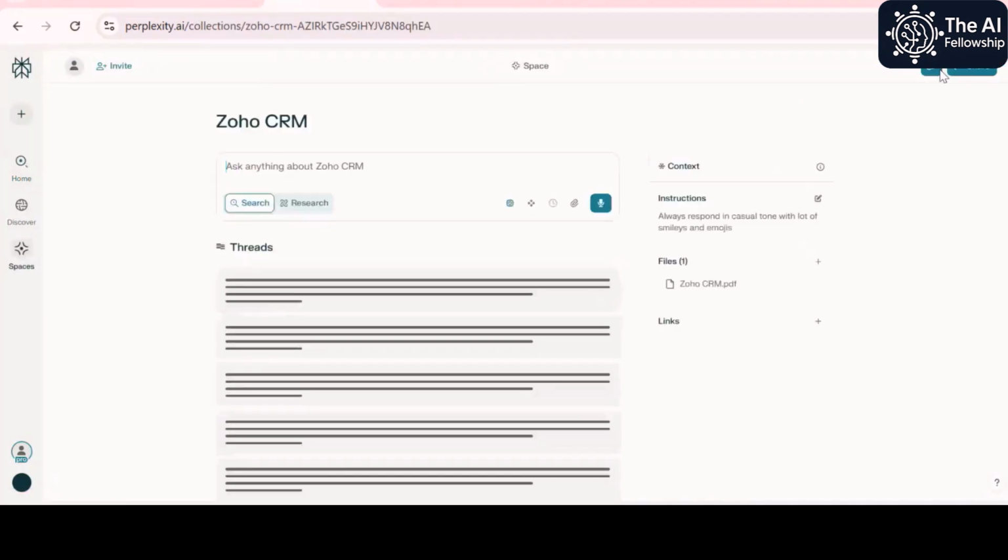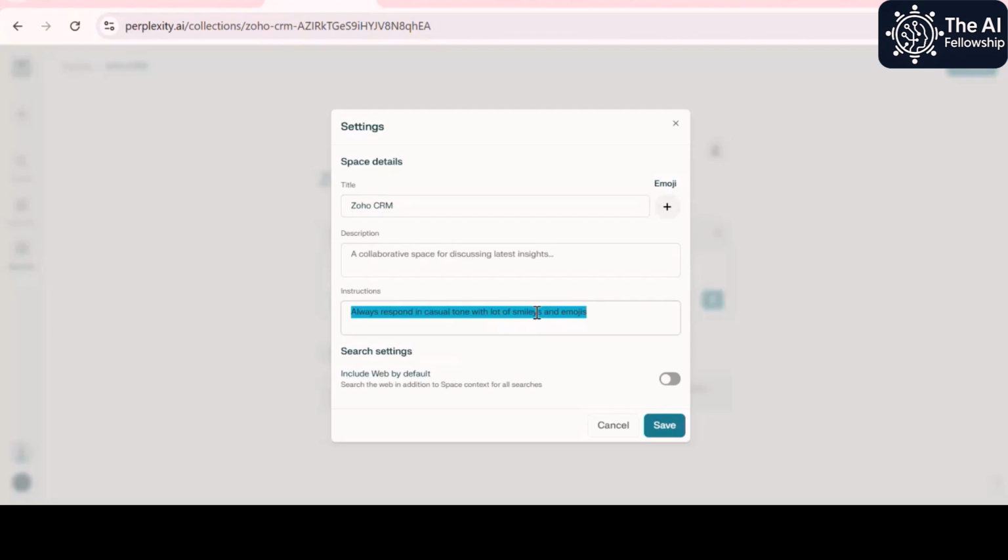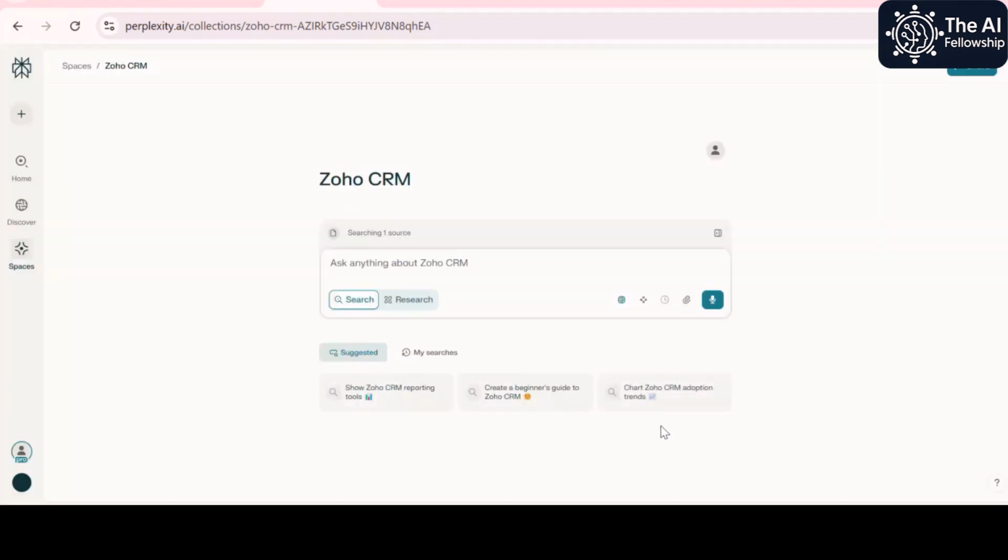To CRM, we'll go to that, and we'll go through instructions, edit space. Now let us try asking the same thing again.